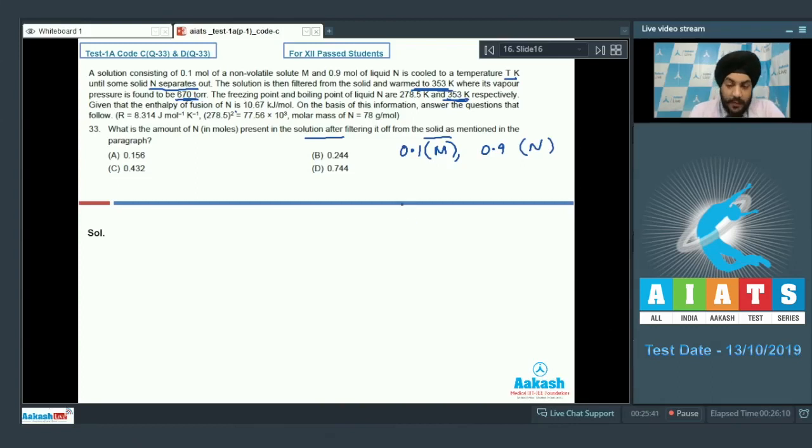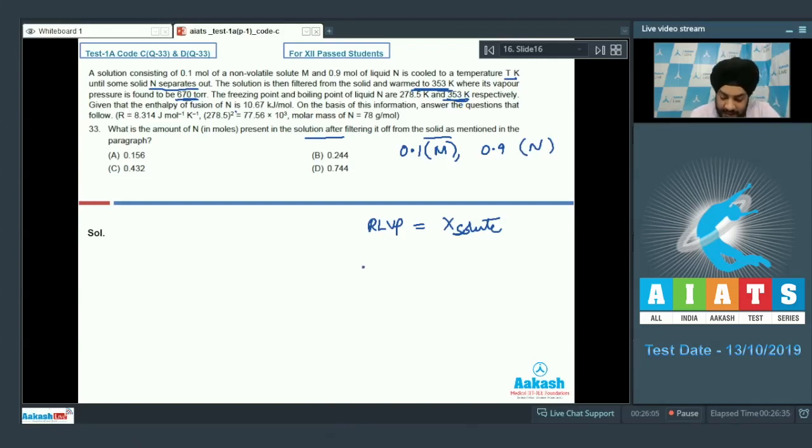If we talk about this paragraph, students, it is given to us that at 353 Kelvin the solution exerts a pressure of 670 torr. So we know that the relative lowering in vapor pressure will be equal to the mole fraction of the solute. At 353 Kelvin, which is the boiling point of the liquid N, the vapor pressure has to be 760.